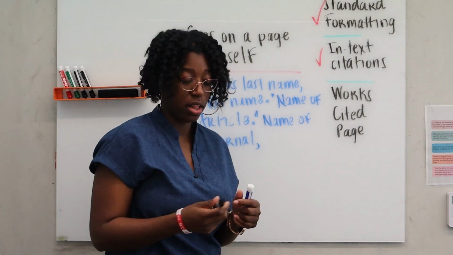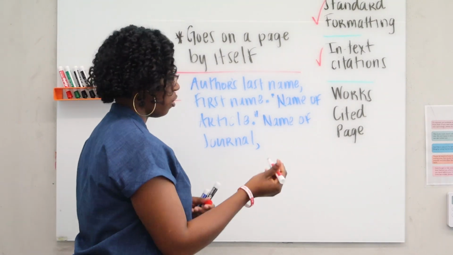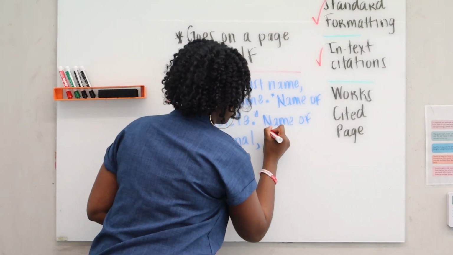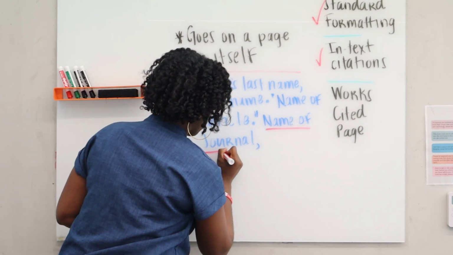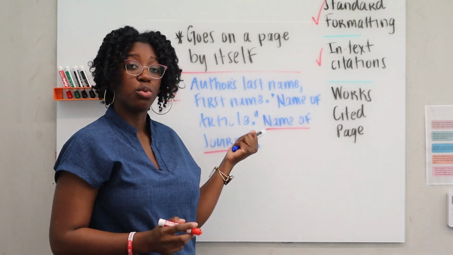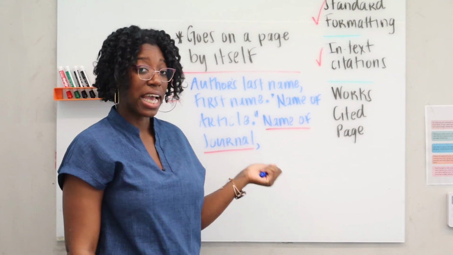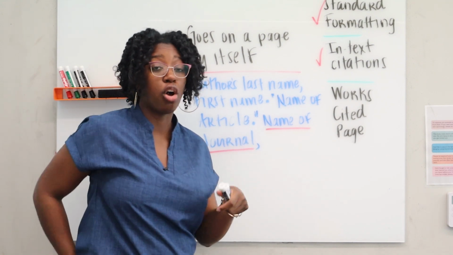Please make sure that you are italicizing the name of a journal because it is a major work. So the name of the article goes into quotation marks because it's a shorter piece, and the name of the journal is italicized because it's a longer major work.